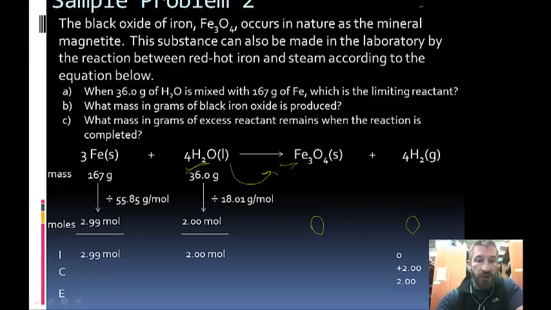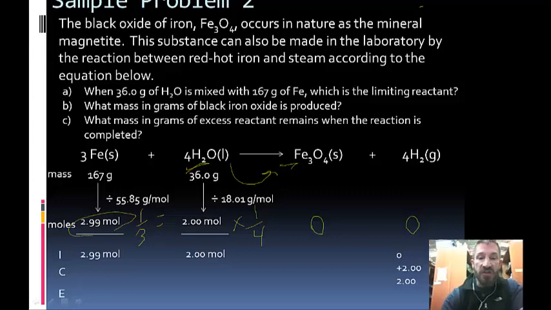Now if we go from iron to the iron oxide compound, we'd multiply the 2.99 by 1/3, and you're going to end up with approximately 1. And when you multiply the water's 2 by 1/4, you end up with 1/2.